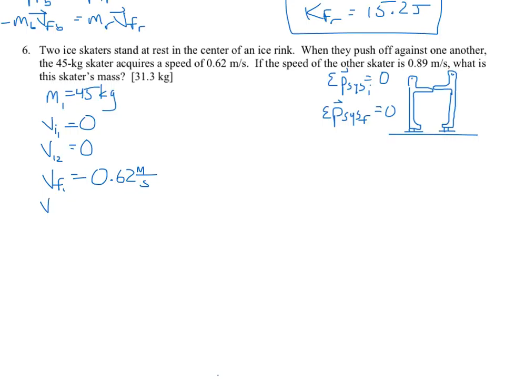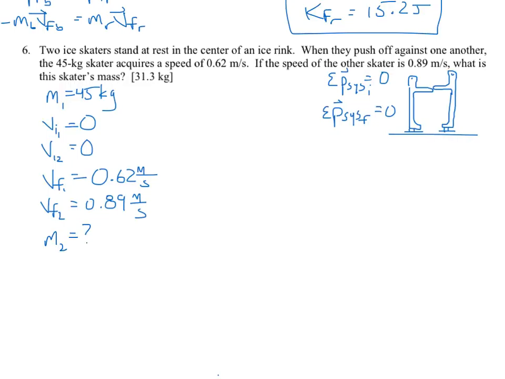The final velocity of person 2, the other skater, is 0.89 meters per second. And what we want to find out is, what is this second skater's mass? So mass 2 is the big question mark.